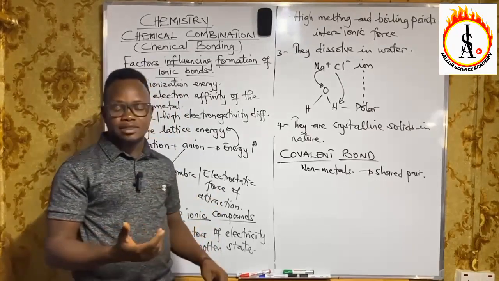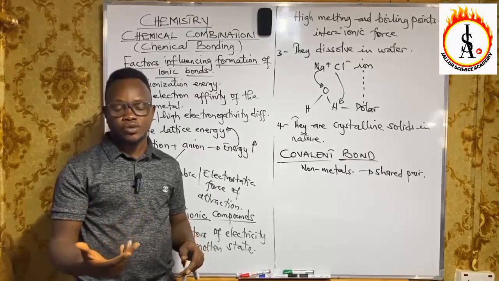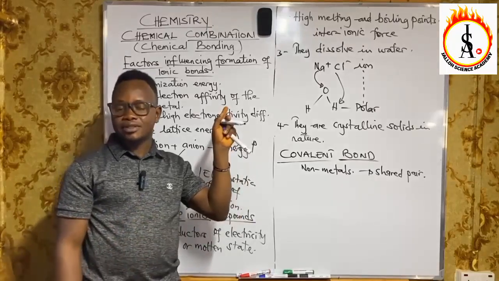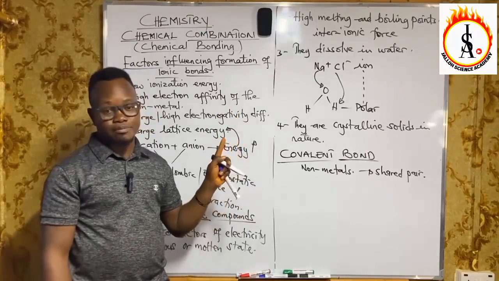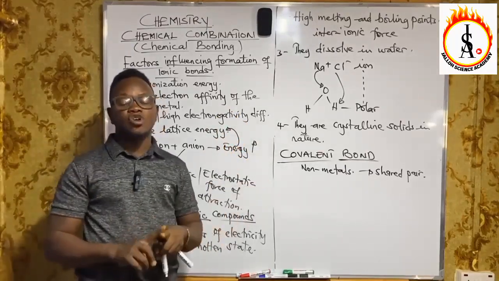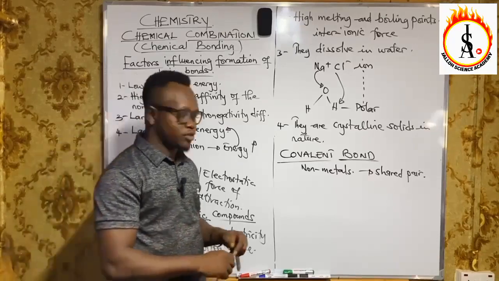And when covalent substances are formed, we refer to them as molecules. They are not ions like we had in the ionic or electrovalent bond. So here, these non-metals bond with each other to produce molecules.